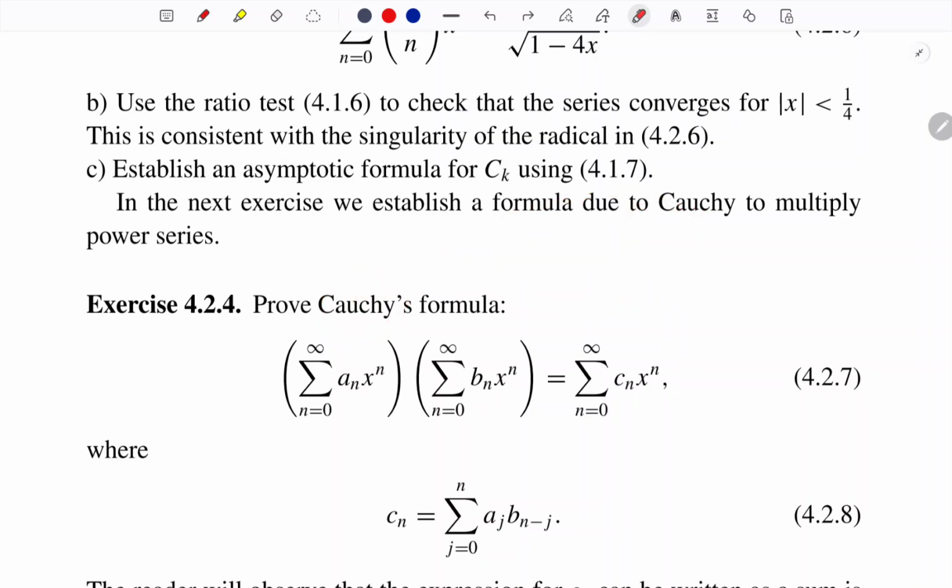Let me check it out. It's complex analysis. Yes, guys, I was talking about complex analysis. This man contributed a lot to complex analysis.